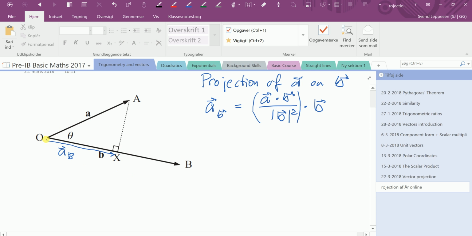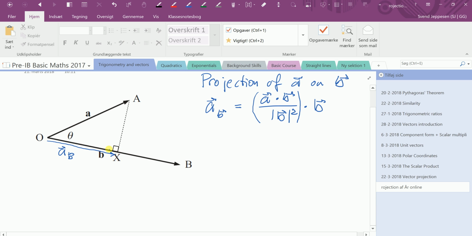So we want to find the side OX, and since this is a right angle triangle, we can use the trigonometrical ratios here, and we know vector A, so we also know the magnitude of A, so that is our hypotenuse. What we want to find is the adjacent side here.